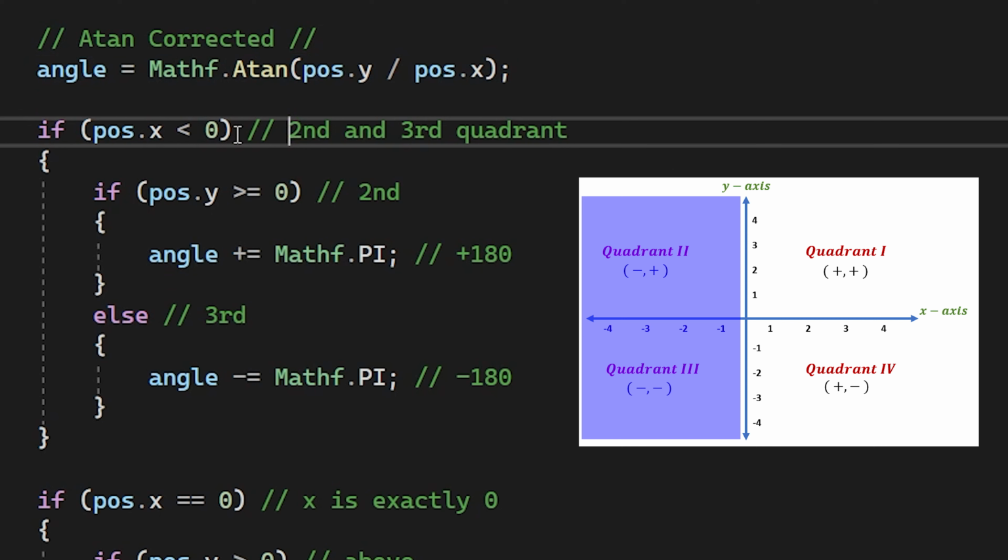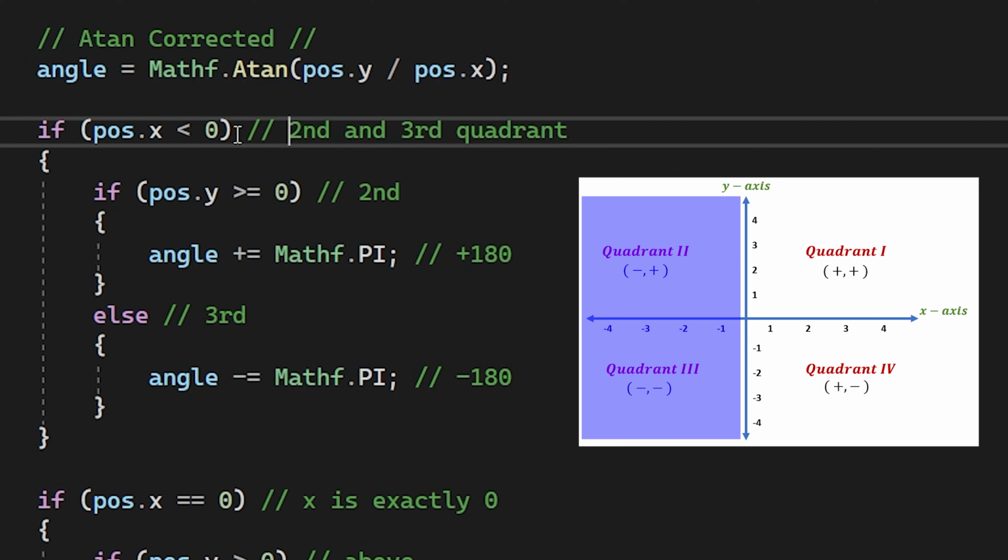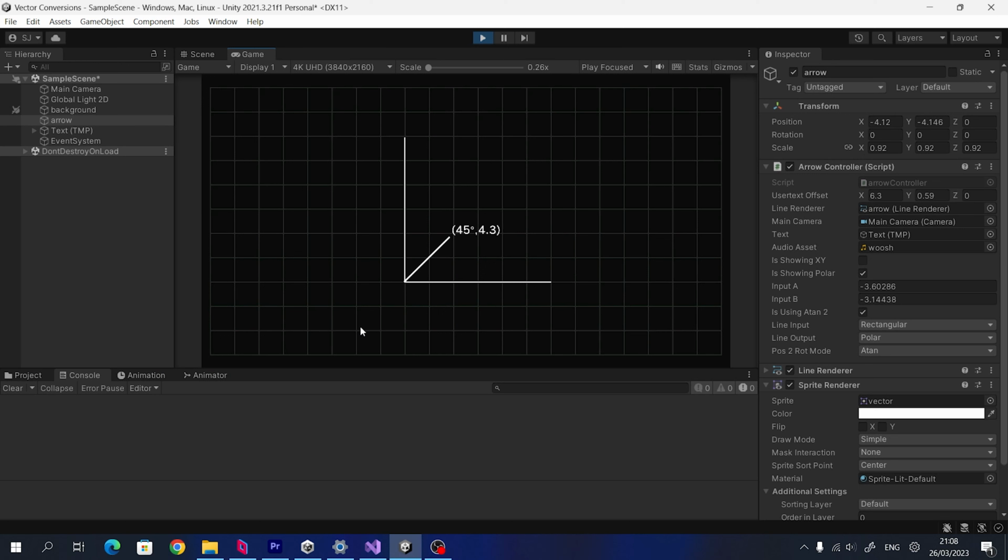Then we're going to narrow it down even more and check if it's in the second quadrant, which means the y position of the mouse is more than 0. And if it is, then we add 180 degrees to the angle so that we flip it and get the correct angle.